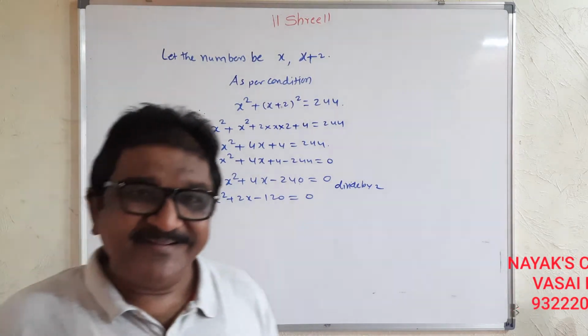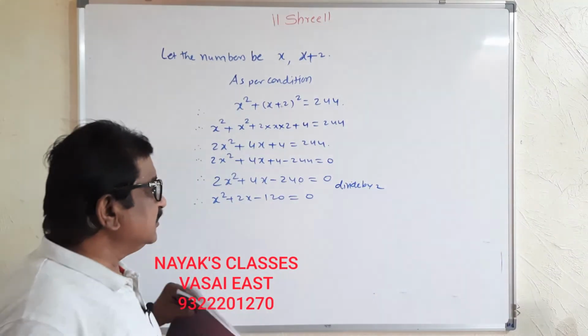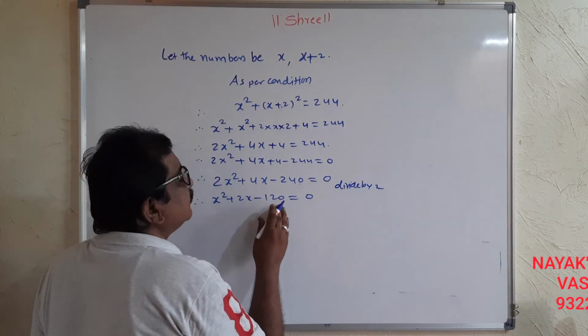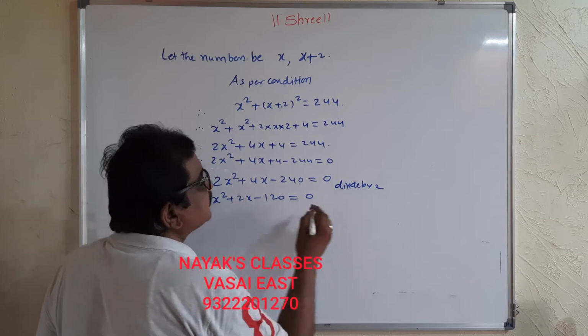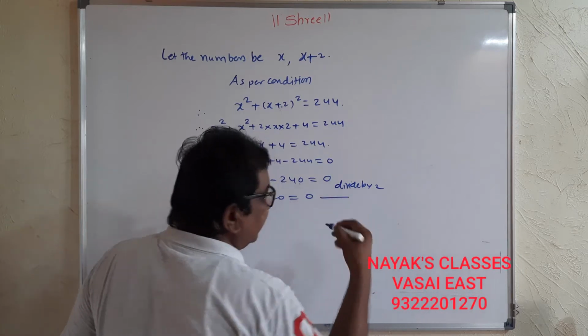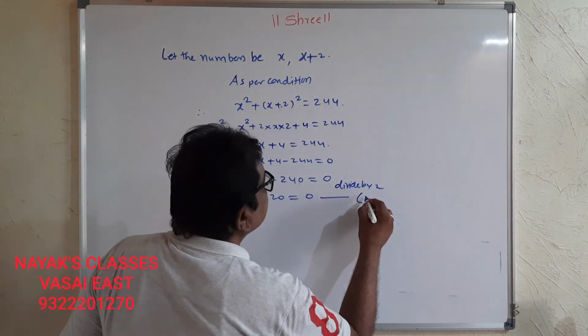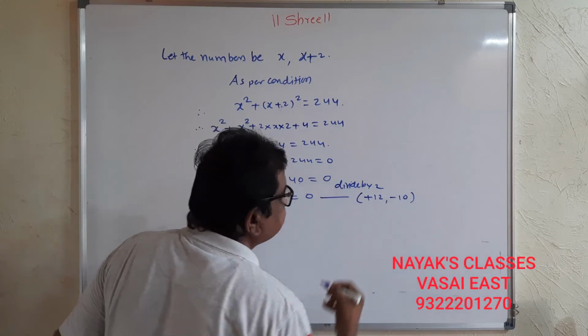Now we need two numbers whose product is minus 120 and sum is plus 2. By experience you will get this knowledge. It will be plus 12 and minus 10.